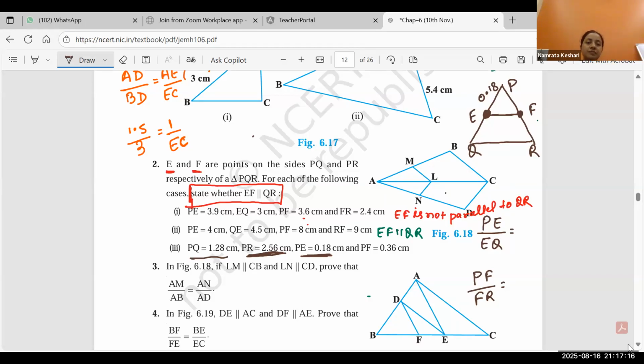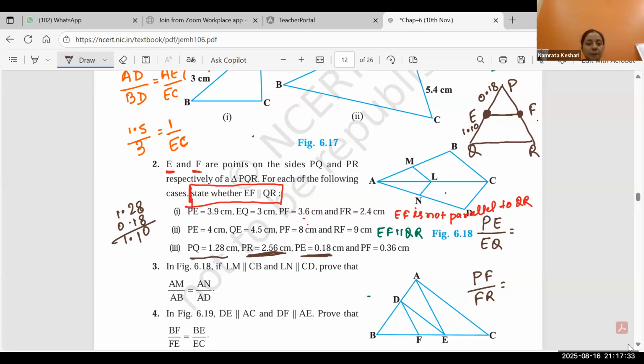Yes, ma'am. Okay, 1.28 minus 0.18, 1.10. Similarly, there also the complete length is given and a part is given.